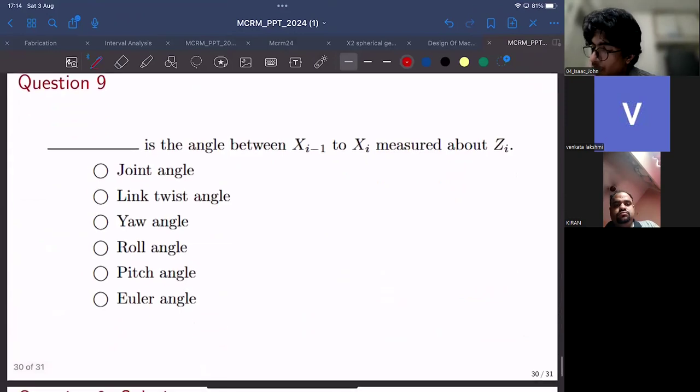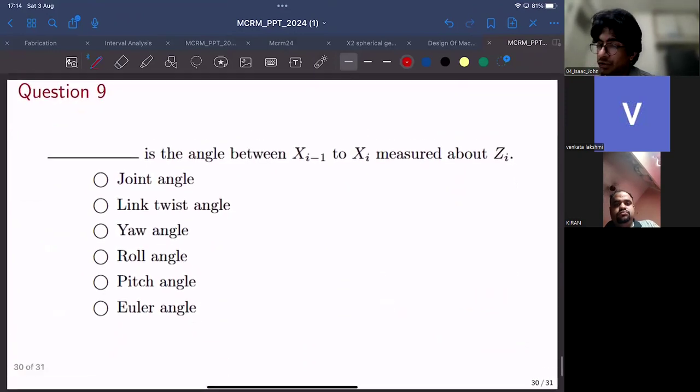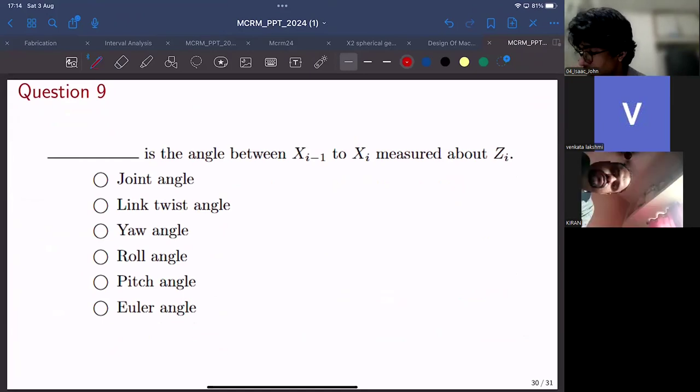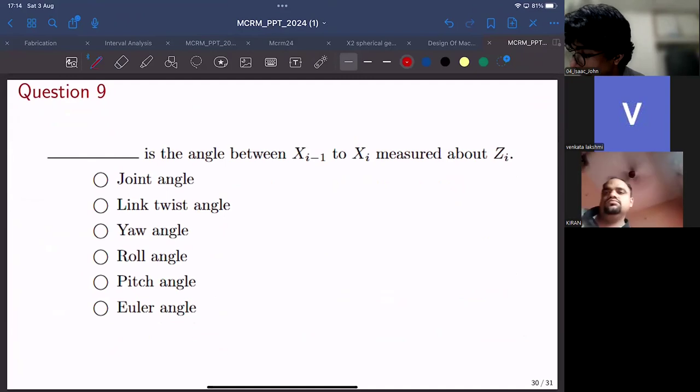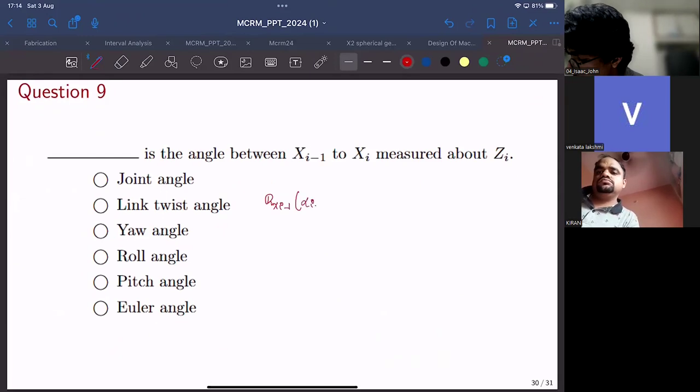And moving on to the final question for this session, dash is the angle between xi minus 1 and xi measured about zi. So just to bring everything into context, the successive order of transformation are the rotation about xi minus 1 by an amount alpha i minus 1.